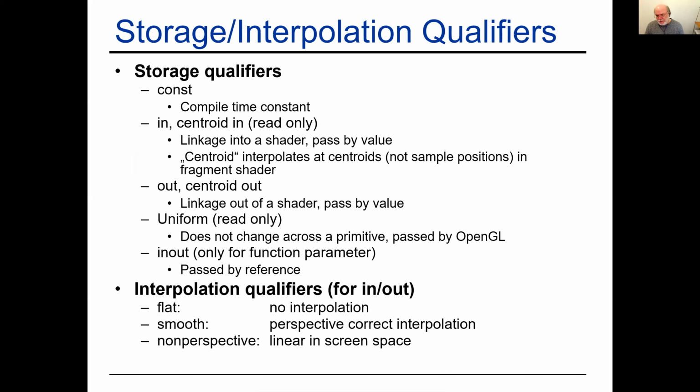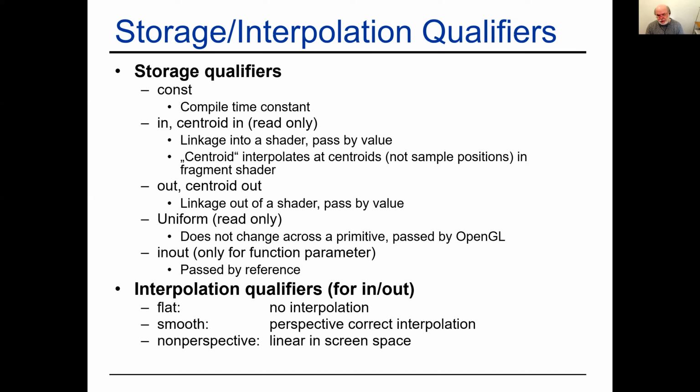But there are also some additions that don't exist in C. First of all, const does exist in C, but it's the same here. It's a compile-time constant, and it's implemented more aggressively than in C. There is a storage qualifier in, which says this is a variable that is input to the shader.